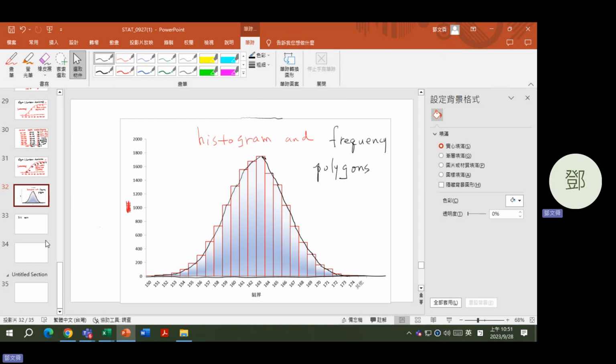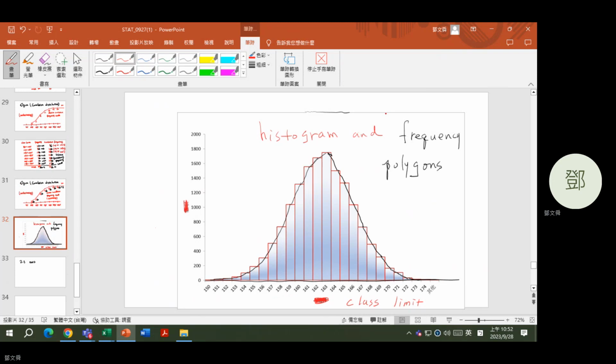I think I gave you this plot last week, right? Remember? And oh, there is one more Chinese here. Class limit.